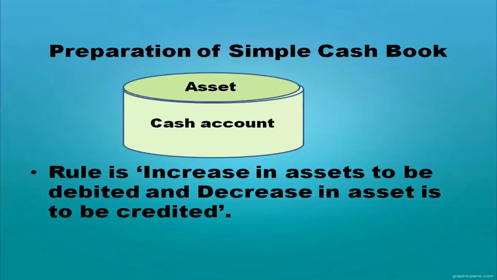Which rule do you have to follow while recording cash? You know that cash is an asset, so cash comes under the asset account. We have already studied that capital, asset, revenue, expenses, liability, etc. are the main types of accounts, and under that you can include cash in the asset account.